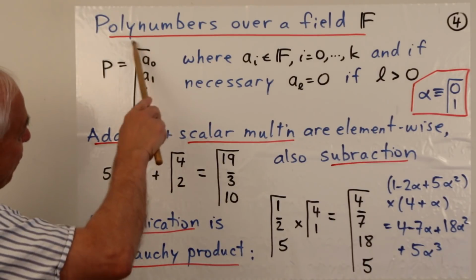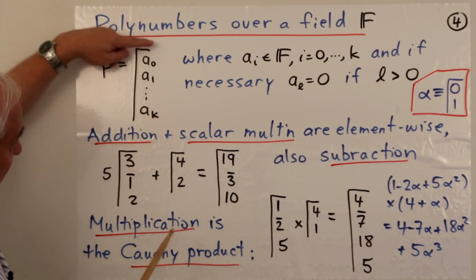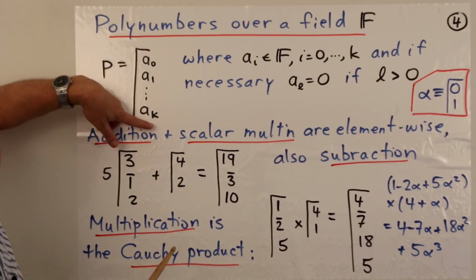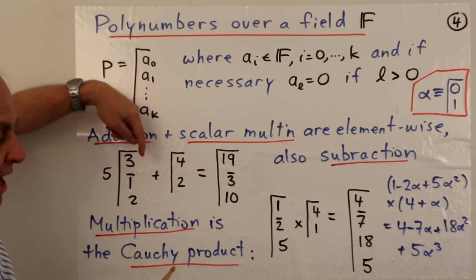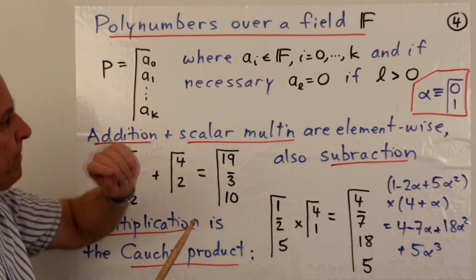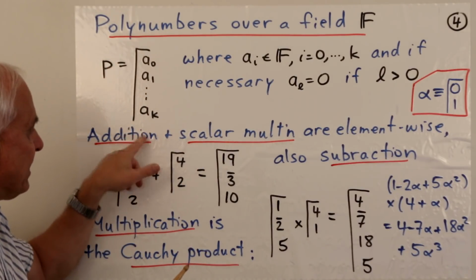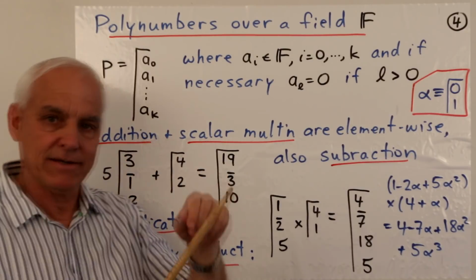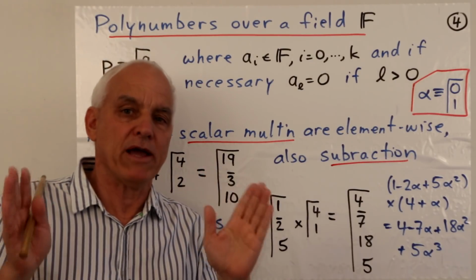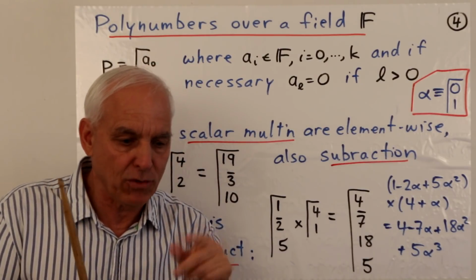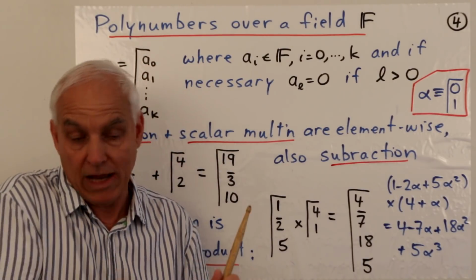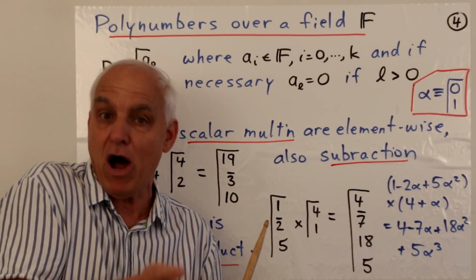We'll agree to put it into some kind of framework like this, so there's a top, but there's not a bottom. It has an open-ended aspect as you go down, and that reflects the fact that if you added a 0 as the next entry, that would, by agreement, not change the polynumber. So we agreed to allow extra zeros, or to allow ourselves to rub off zeros at the bottom.